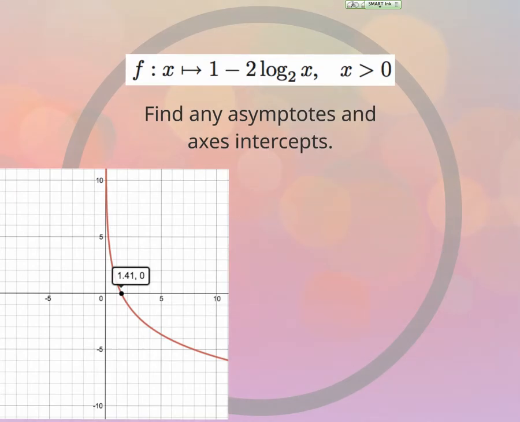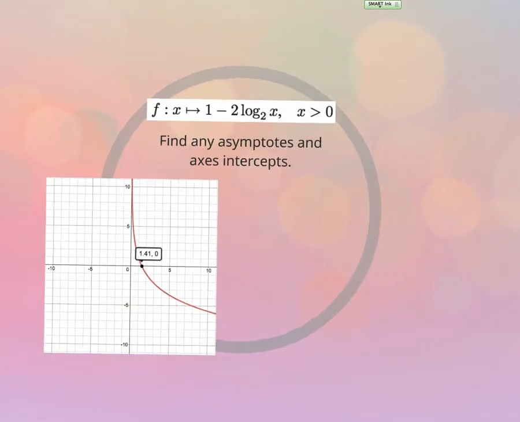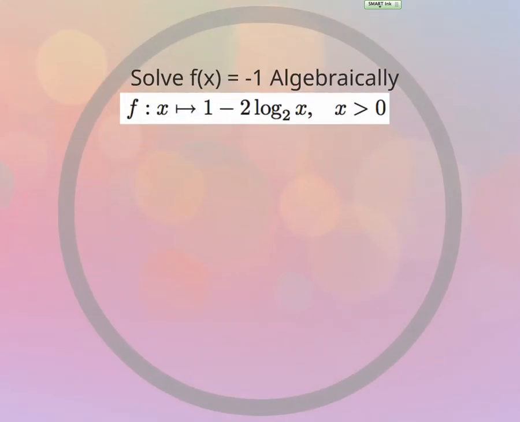So the next question is how we can solve f of x equals -1 algebraically. Because yes, we could look at our graph and find it, and when we're done with these last two examples, I'm going to go to the graph and show it to you. But it does say algebraically. So what we need to figure out is, where does the -1 go?